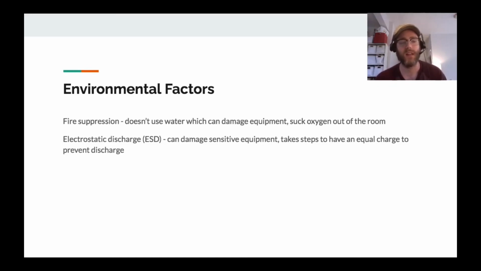Electrostatic discharge, ESD, is a general rule of thumb for working with any electronic equipment. Static electricity can damage things, so before you work on any equipment, you want to make sure that you have an equal charge to what you're touching. If you touch some bare metal, that can prepare you to actually touch the sensitive electronic equipment.